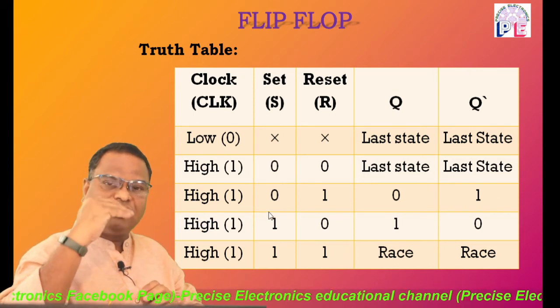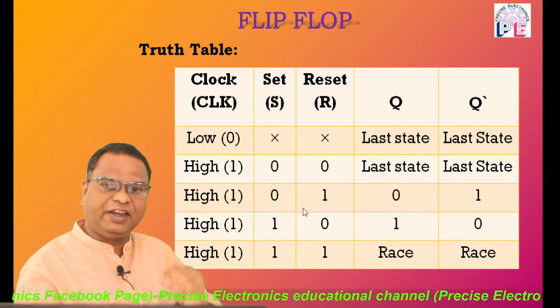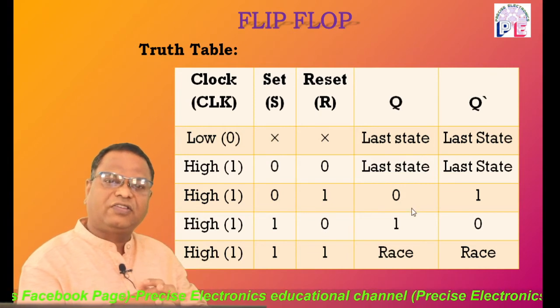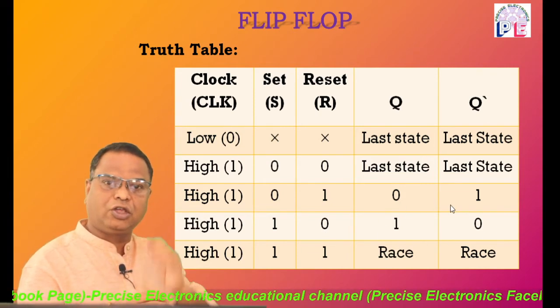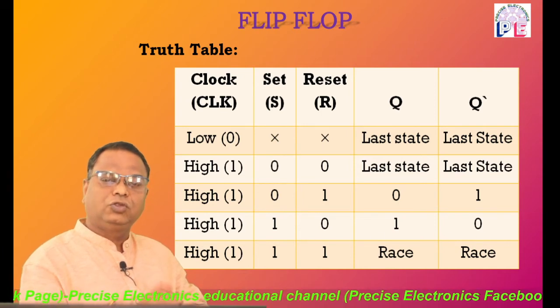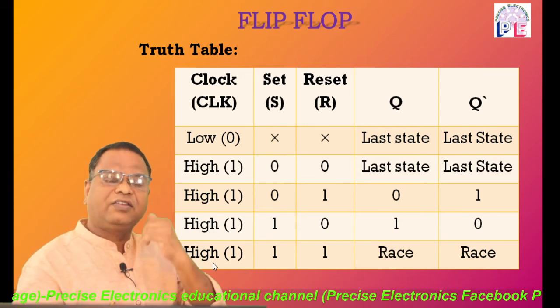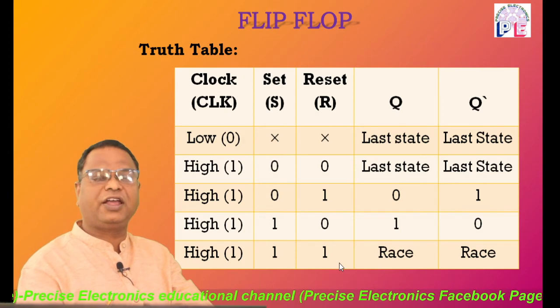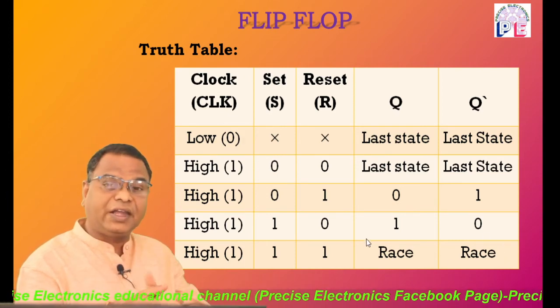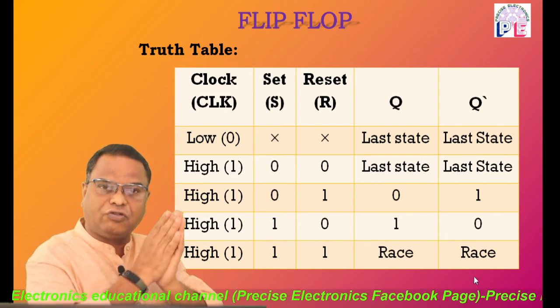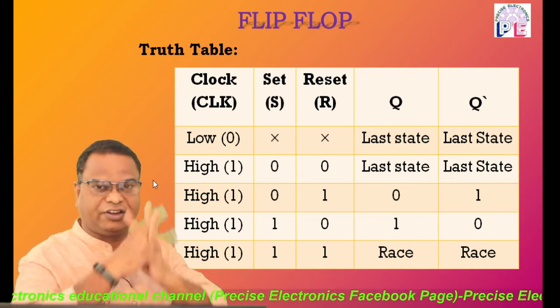Next, clock is high, set is high, reset is low, the flip-flop is in set mode because the set input is high, so Q is equal to 1, Q complement 0. Next, clock input is high, set and reset both inputs are high, so the flip-flop is in forbidden state, the output is unpredictable, so this condition is known as forbidden, or known as a race condition.